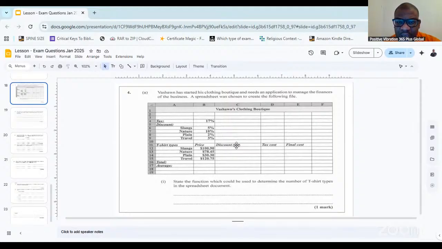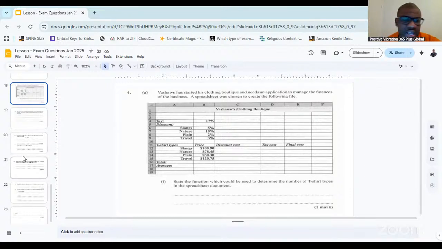And then after that, you would subtract the final amount, which is D12, because you need the tax cost. So first thing you're going to subtract from it is the discount cost. Then you're going to subtract the tax cost from that. And that will give you your final cost.